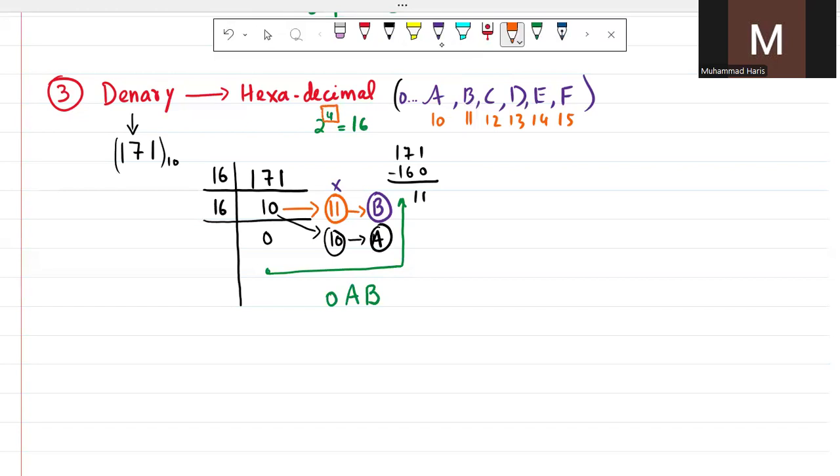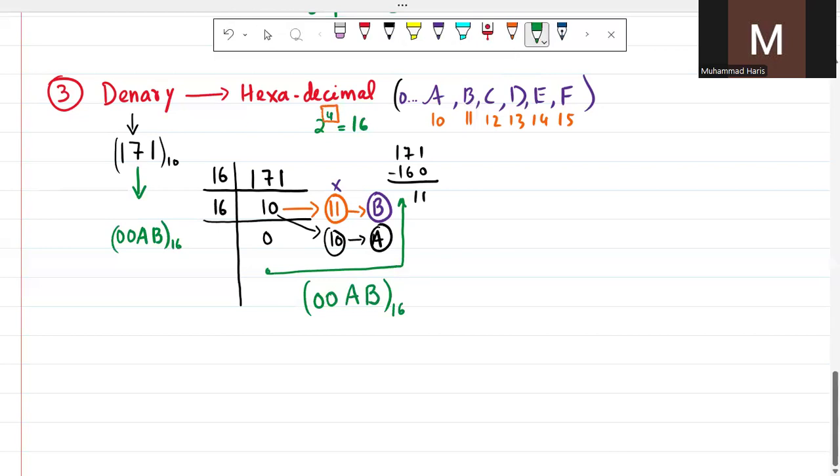So I'm going to place a 0 over here to make it a group of 4. When 171 is converted, the hexadecimal number would be 00AB. That was the basic method to convert any Denary number into hexadecimal.